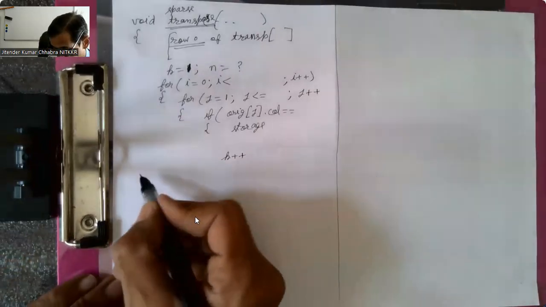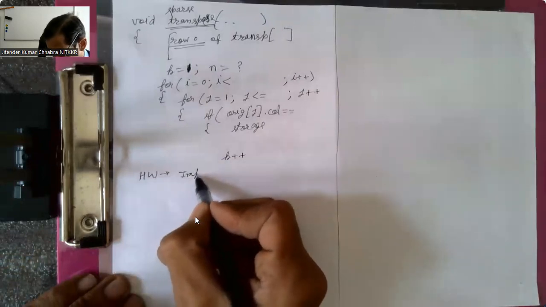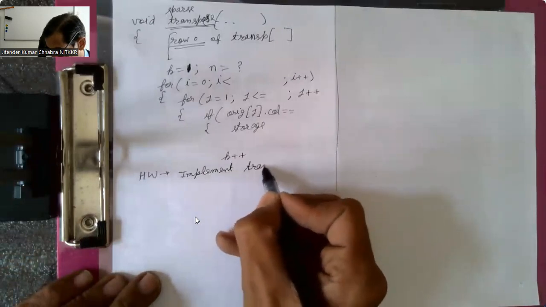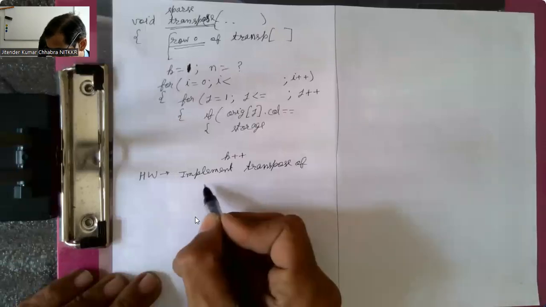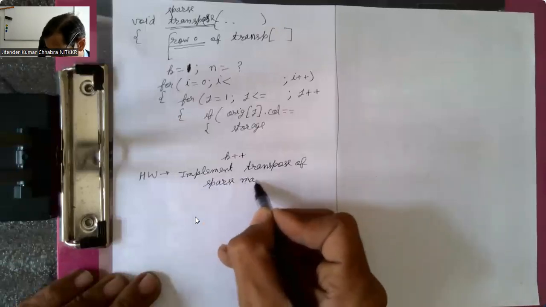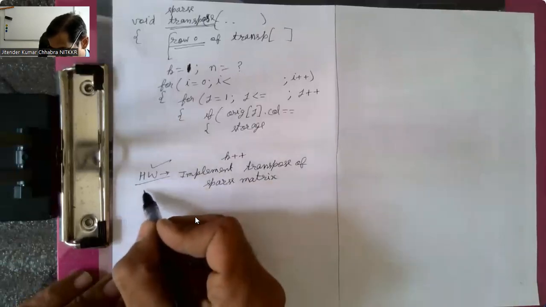So now homework for today. Implement, of course, transpose of a sparse matrix. So this module is to be written. Of course, that is homework for all.